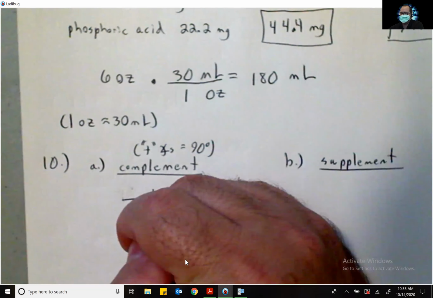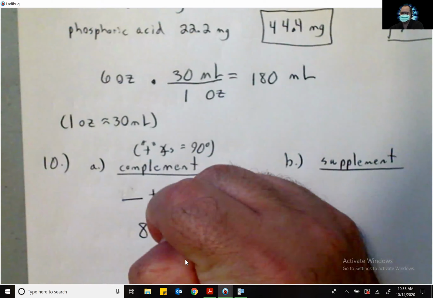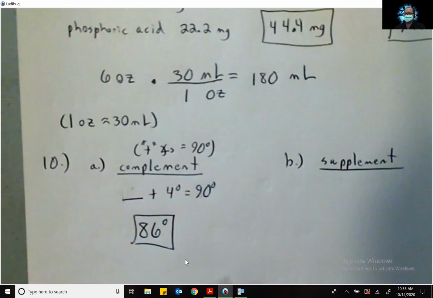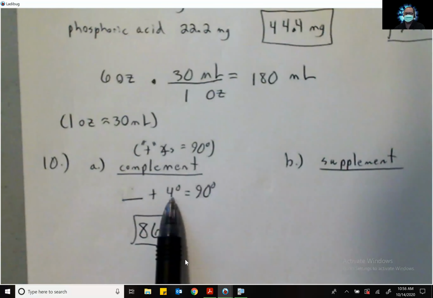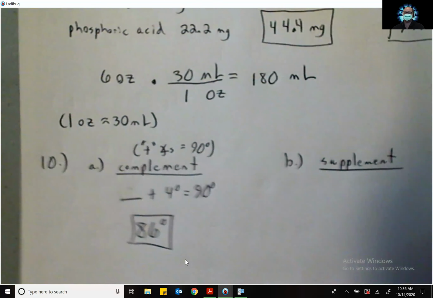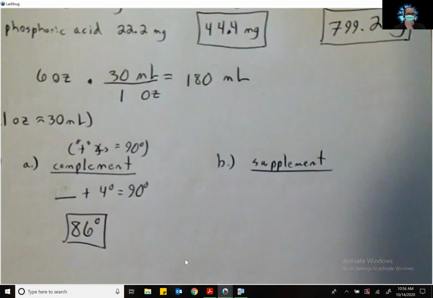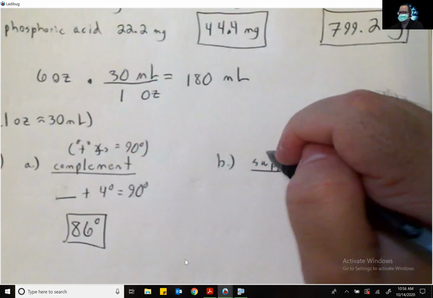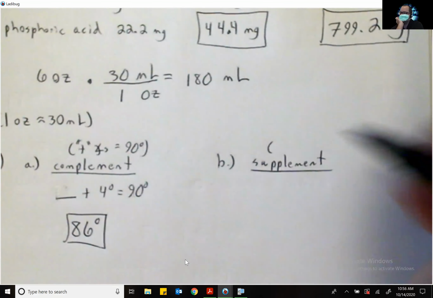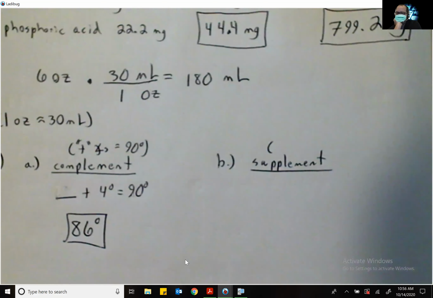So our complementary angle is 86 degrees, because 86 degrees plus 4 degrees gives me 90 degrees. What's supplement then? What is supplement for us?